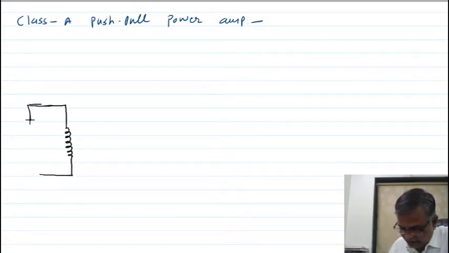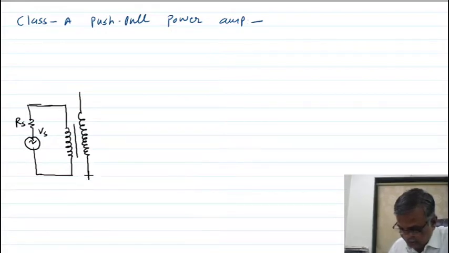Here you are connecting the signal Vs. This is a source resistance Rs. This is T1. This is the transistor Q1.